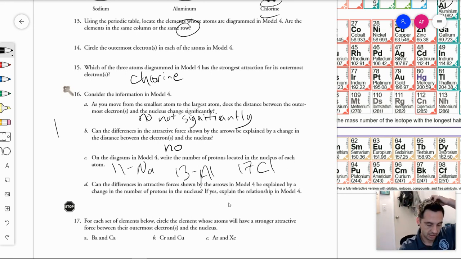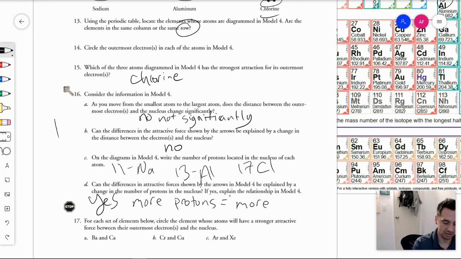Can the force of attraction be explained by the change in number of protons? Yes. More protons equals more attraction.